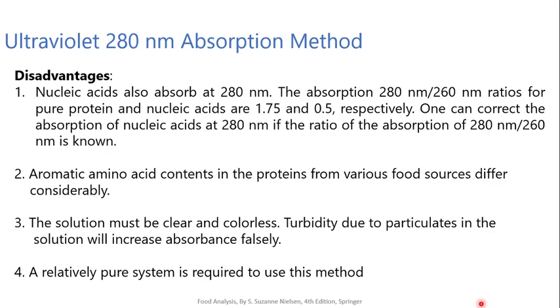The aromatic amino acid content in proteins from various sources differs considerably. As the ring structure increases, the chromophoric groups are altered, or we can say that due to the presence of a longer ring structure there is a difference in the lambda max. The solution must be clear and colorless, because turbidity due to particulate matter in the solution will increase the absorbance.